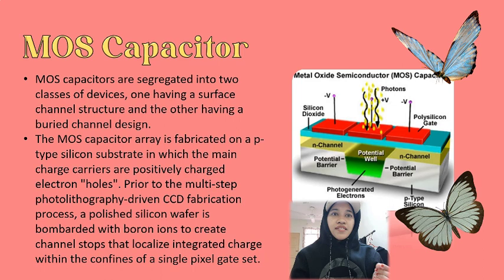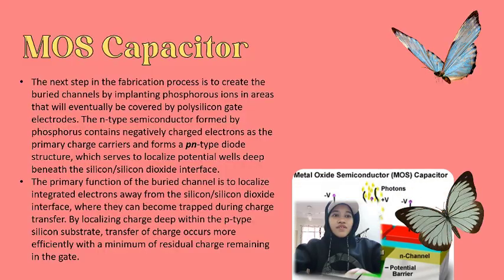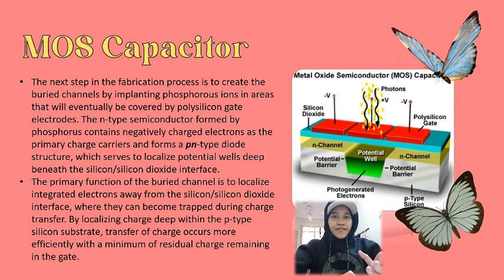So prior to the multi-step photolithography-driven CCD fabrication process, a polished silicon wafer is bombarded with boron ions to create channel stops that localize integrated charge within the confines of a single pixel gate set. Alright, so the next step in the fabrication process is to create the buried channels by implanting phosphorus ions in areas that will eventually be covered by polysilicon gate electrodes.